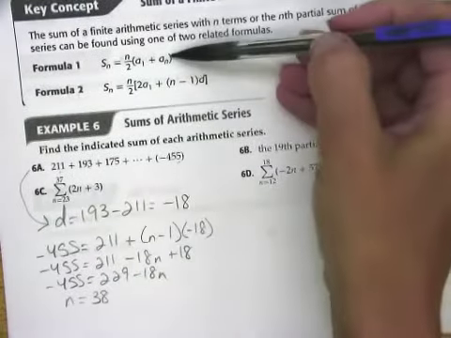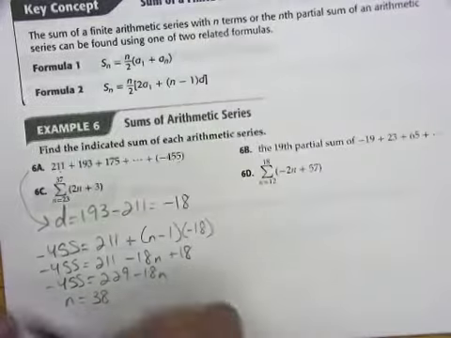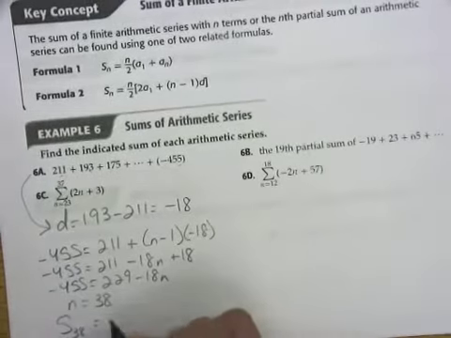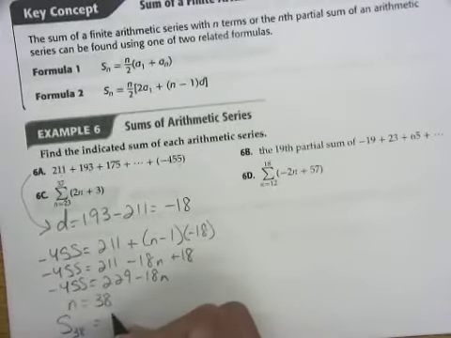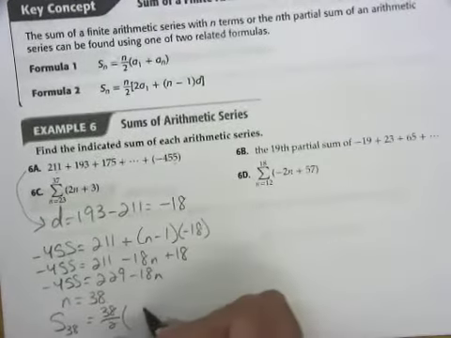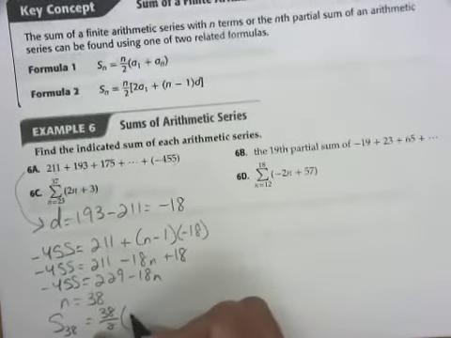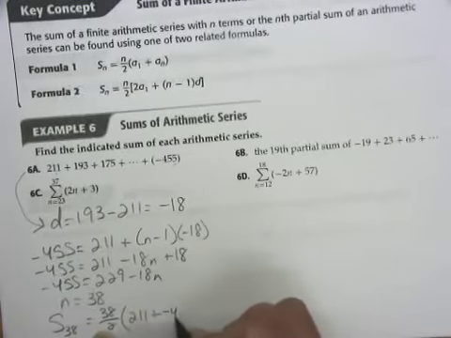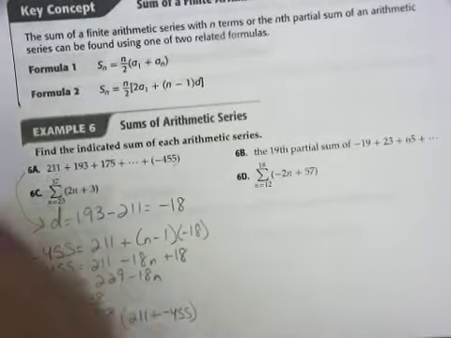And so now I can use this formula. So my sum of these 38 terms is 38 over 2 times 211 plus negative 455.